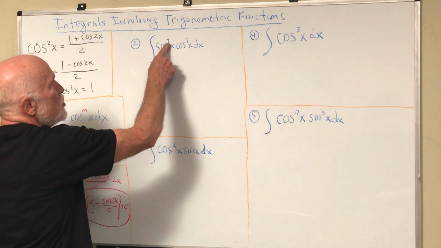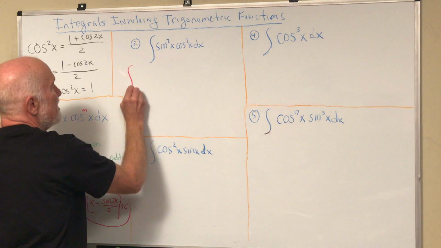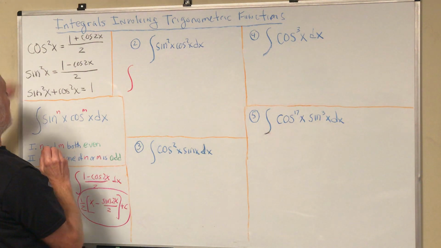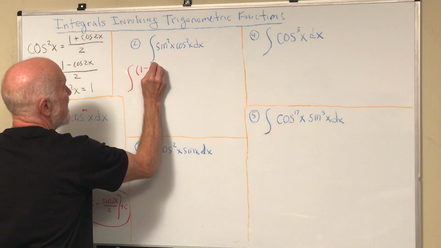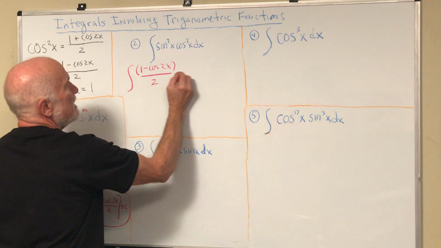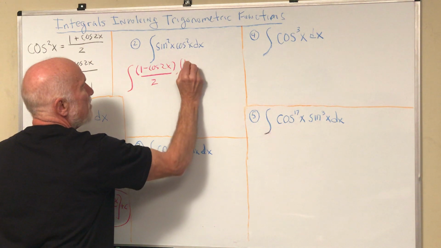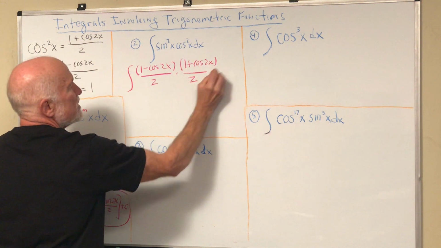Same thing here. 2, 2. N and m are both even. So I'm going to use both of these identities. For sine squared, I go 1 minus the cosine of 2x over 2. And for cosine squared, 1 plus the cosine of 2x over 2.